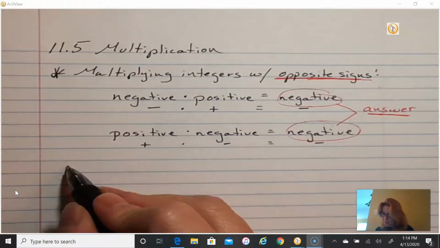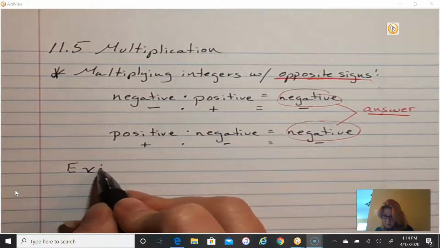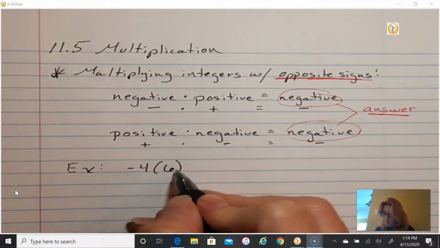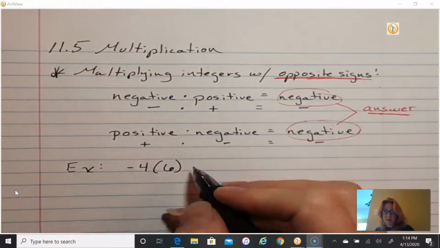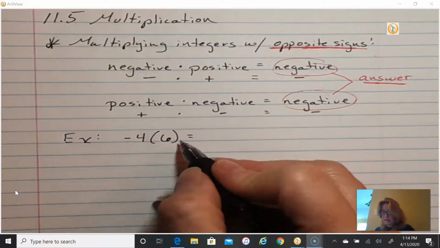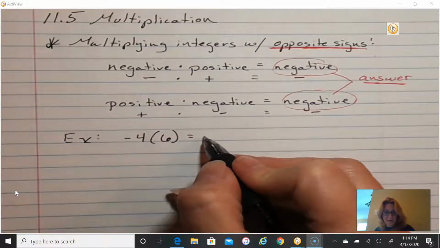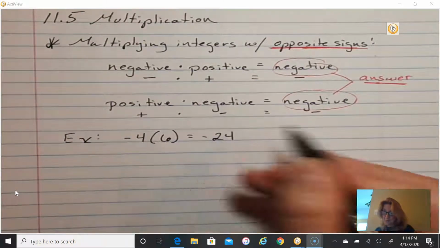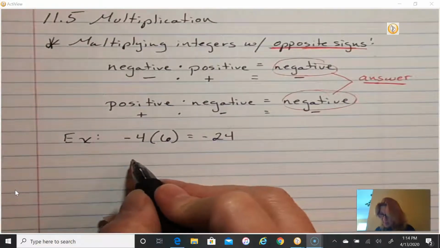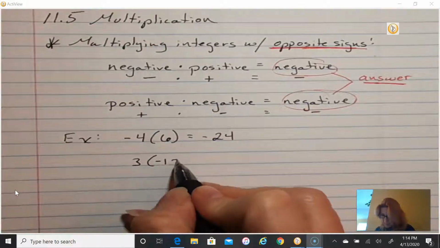Let's do some examples. Negative 4 times 6. Remember when they're right next to each other? Negative 4 times 6. What is it, guys? Negative 24. How about 3 times negative 12?